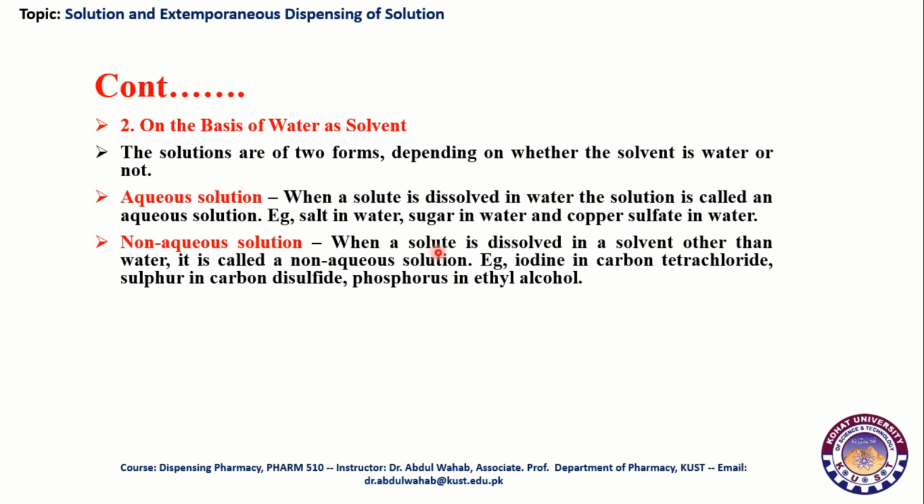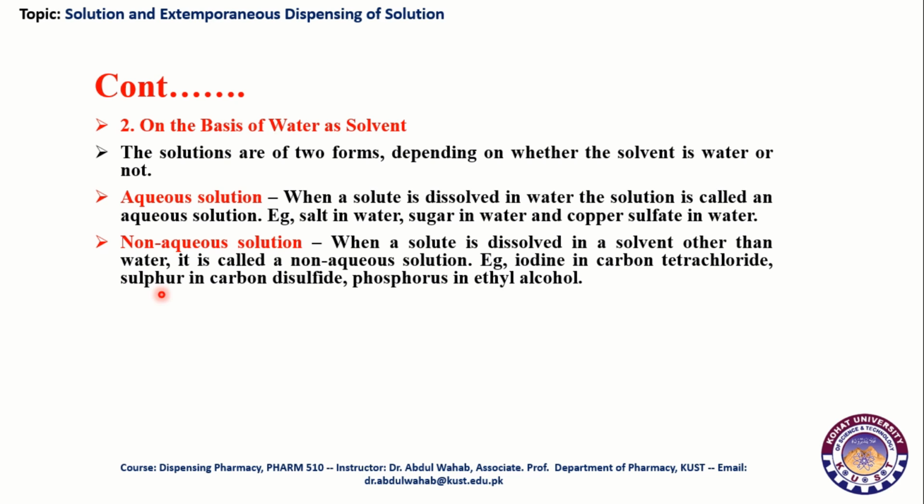Non-aqueous solution: when a solute is dissolved in a solvent other than water, it is called a non-aqueous solution. For example, iodine in carbon tetrachloride. Over here, for the dissolution of the iodine, carbon tetrachloride is used, so for such type of solution, we can use the term non-aqueous solution.